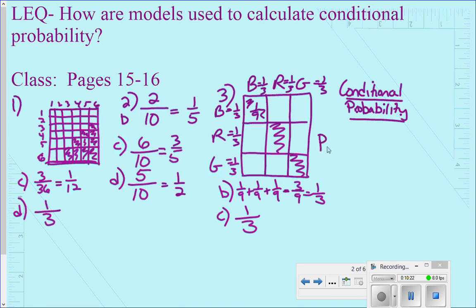So here's what the formula says. It says the probability of A given B. Now notice when I read that slash, I said given. That slash means given. A is the event that we want, and B is the event that we know.